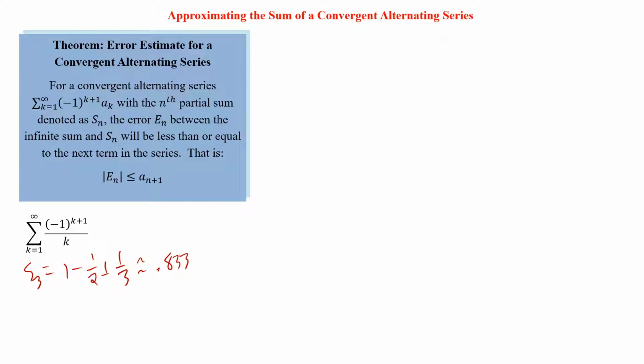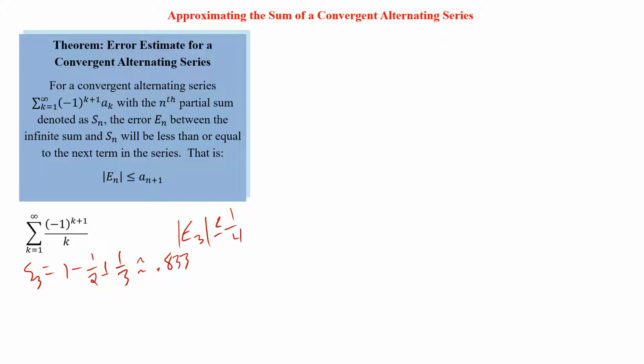Well, the error at that, and its absolute value, because the fourth term could be positive or negative, we don't care. It's just the error. It's going to be less than or equal to the fourth term, which would be 1/4. So we're going to be 0.25 away from this 0.833. So the sum S will be in between 0.833 minus 0.25 and 0.833 plus 0.25. Well, that's a pretty big gap.